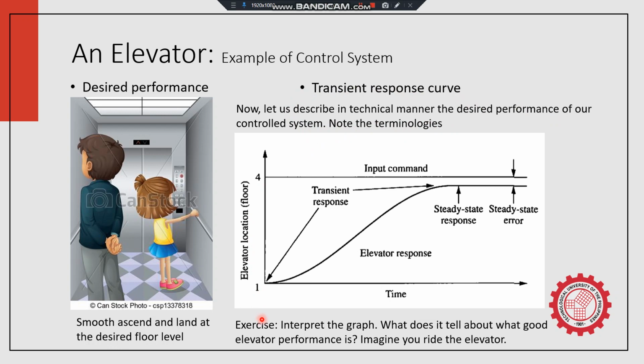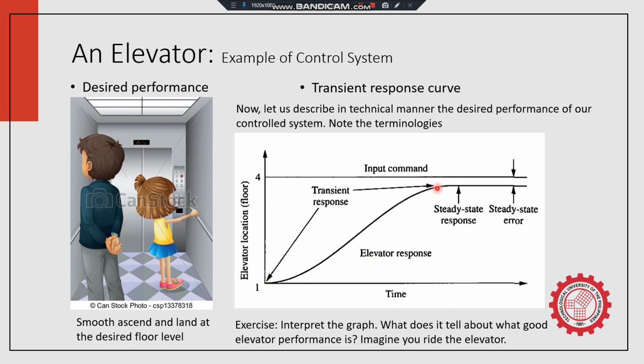Now, we have here a graph that shows the transient response curve. This curve is what we call the transient response curve of the elevator system. Most systems have this kind of expected transient response. Let me discuss it to you. The transient response is this portion.